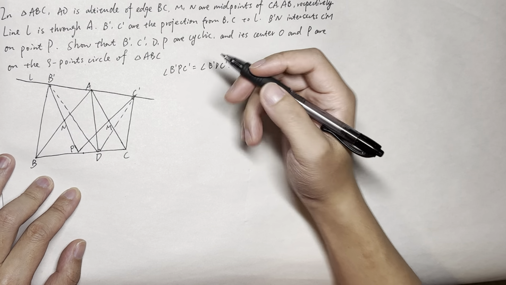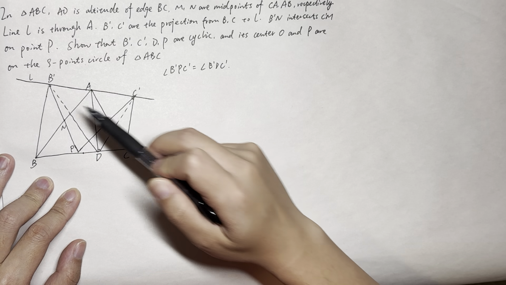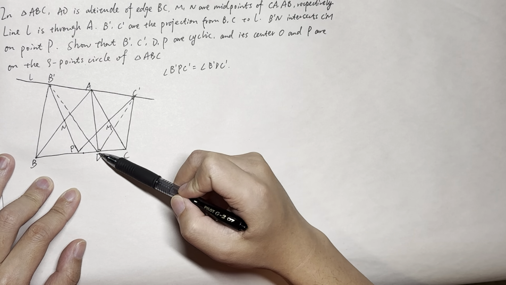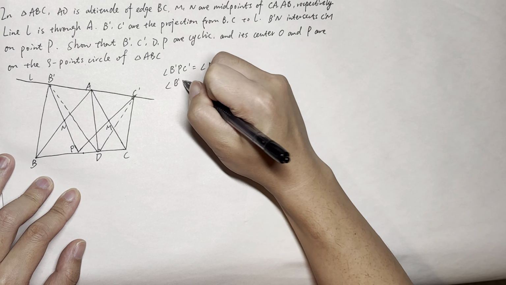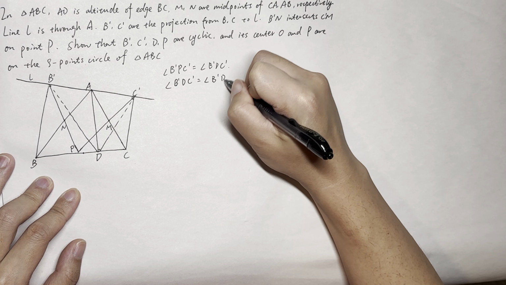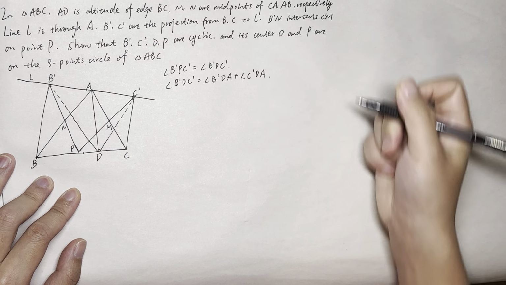So start from here, B prime DC prime, and look at B prime PC prime. Angle B prime DC prime can be rewritten as angle B prime DA plus angle C prime DA.